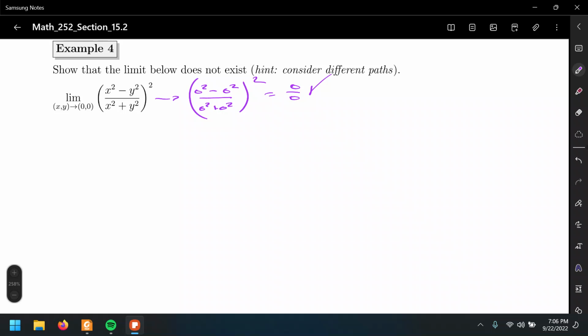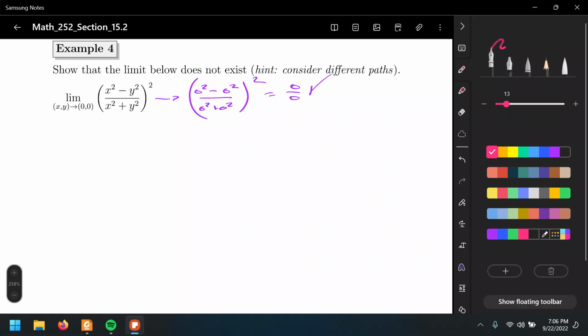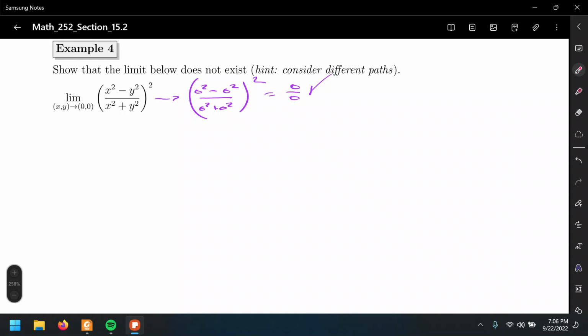So, what do we mean by different paths? Well, the number one path that we're going to explore here is when x equals 0. So when we set x equals 0, our limit will remain only in terms of y.